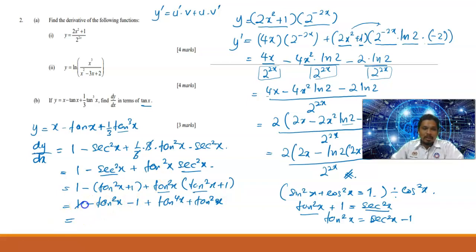So then 1 minus 1 equal to 0, tangent squared minus tangent squared. So what's left here now? Tangent to the power of 4x. There you go.